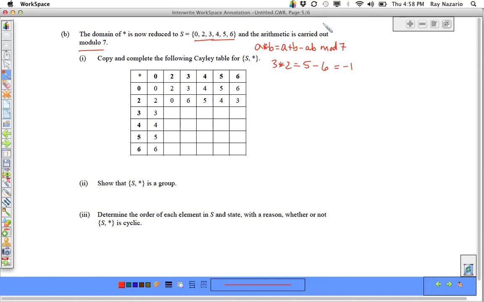So this is negative 1, and in mod 7 this is 6. 3 star 3 is going to be the sum minus the product in mod 7, this is negative 3, this is 4. 3 star 4, sum minus product in mod 7, this is 2. This is 3 star 5, it's going to be sum minus product, that's 0. And then sum minus product, this is going to be 5.